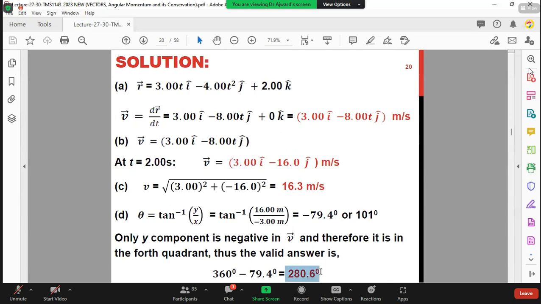In the fourth quadrant, you can say the angle is minus 79, taking the small angle, but you can also write it as 280 degrees, because in the fourth quadrant it has to be between 270 and 360.